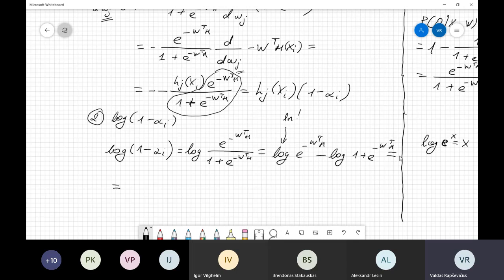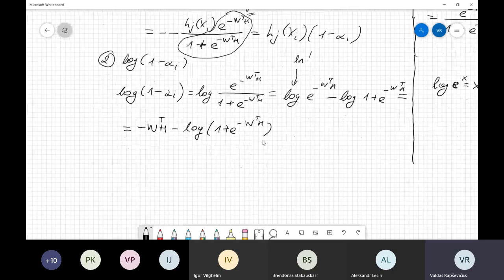So now we can rewrite this as minus wTh, and this one is just minus log of 1 plus e to the minus wTh. This is the expression that we can attack with the derivatives.